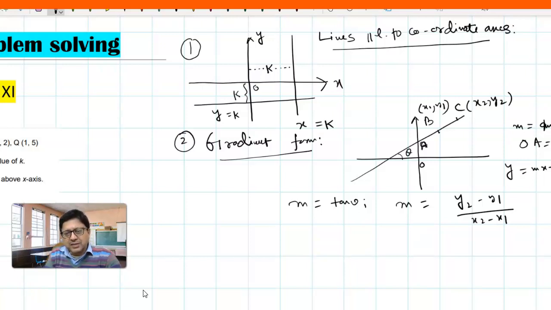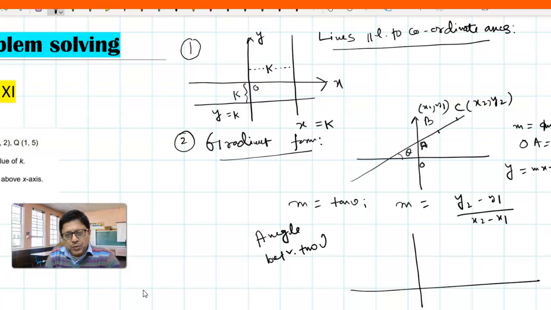also you have learned. Just I remind you here, this is not the equation of a straight line obviously, but you need to remember it. Angle between two lines.